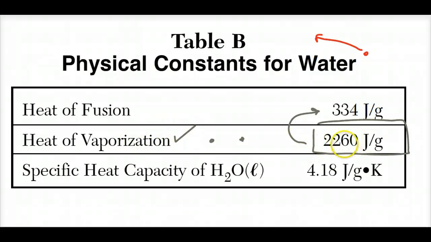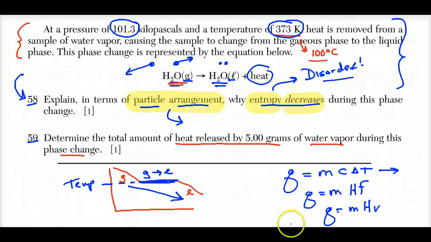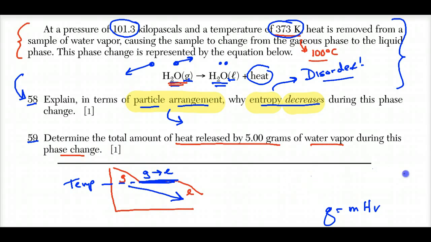So getting back to my question, I'm going to use the equation for energy for this phase change, and I am going to get rid of the other ones. I'm not at freezing or melting, and I don't have a change in temperature, so I'm stuck with that. So here we go. Q equals mHv. Just going to rewrite it.